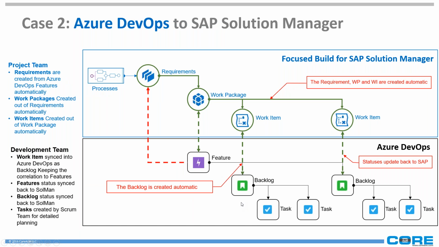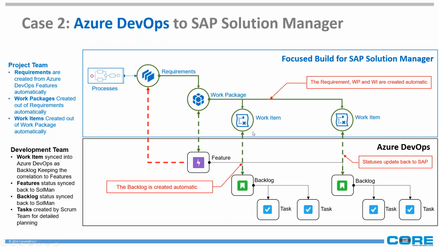And then use case number 2 is where you can create a feature and a backlog item directly within Azure DevOps. And at that point, as soon as you create that feature, you can tell it to automatically create a work package within SAP Solution Manager, and it will also create a requirement for that feature, which will map it one-to-one.